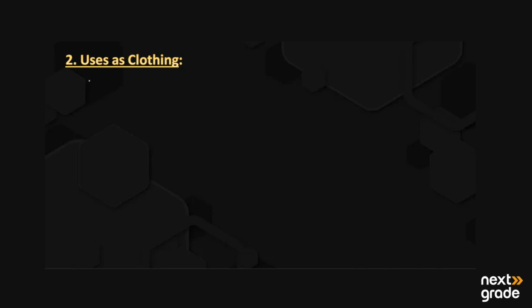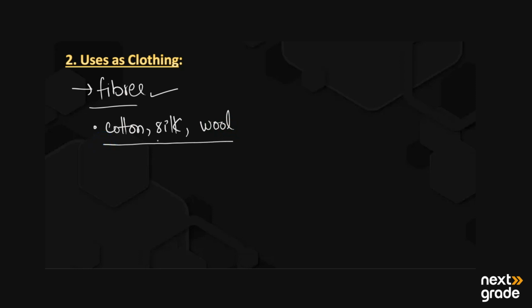The clothes that we wear are basically made up of fibers, and these fibers may be cotton, silk, or wool. Mainly these are natural products.